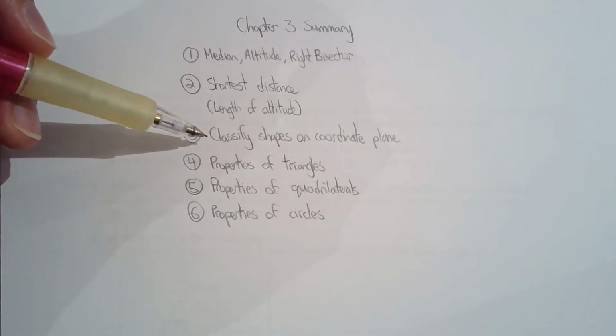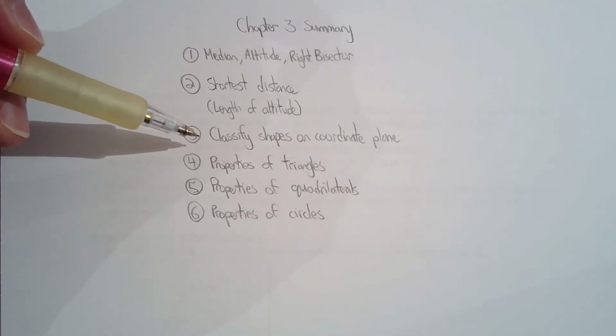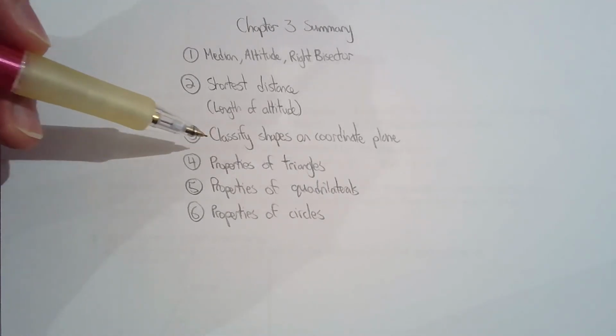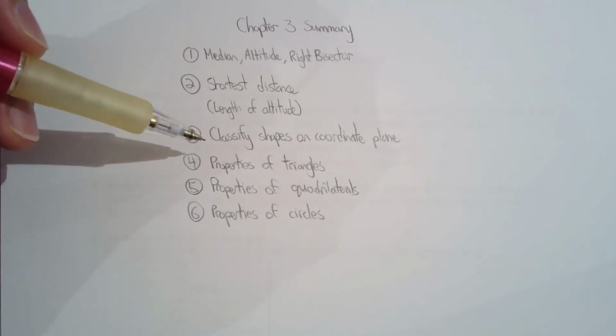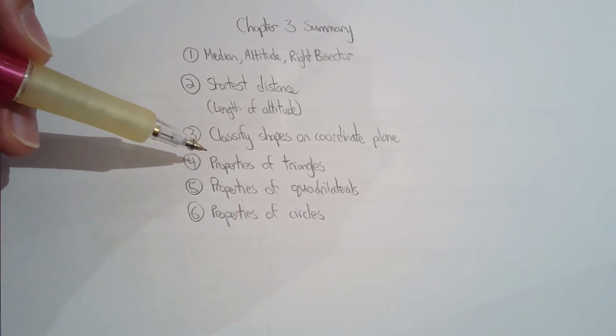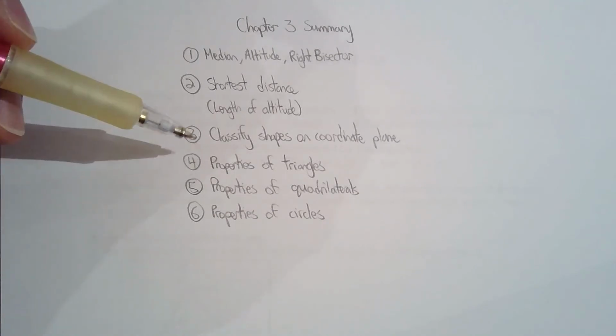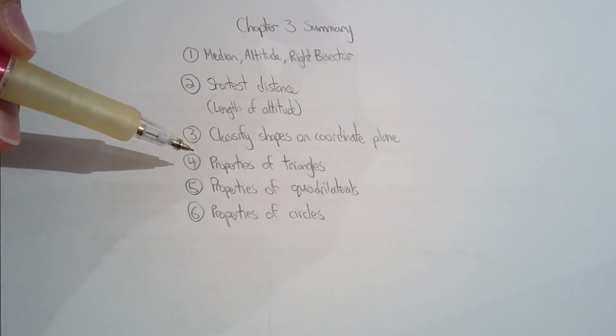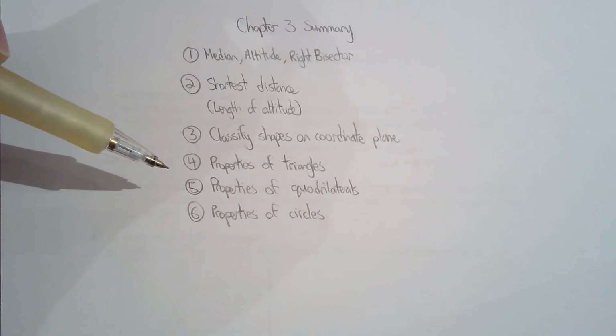After that, we classified shapes on a coordinate plane. In order to do this properly, you need to know your different types of triangles and quadrilaterals. For triangles, we have equilateral, scalene, isosceles, and maybe it's a right triangle, so you have to verify that using either the Pythagorean theorem or check if you have any pairs of slopes which are negative reciprocals.